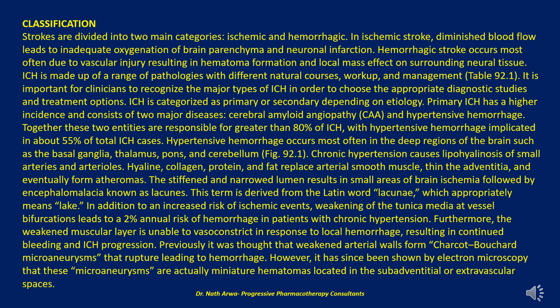Previously, it was thought that weakened arterial walls form Charcot-Bouchard microaneurysms that rupture leading to hemorrhage. However, it has since been shown by electron microscopy that these microaneurysms are actually miniature hematomas located in the subadventitial or extravascular spaces.